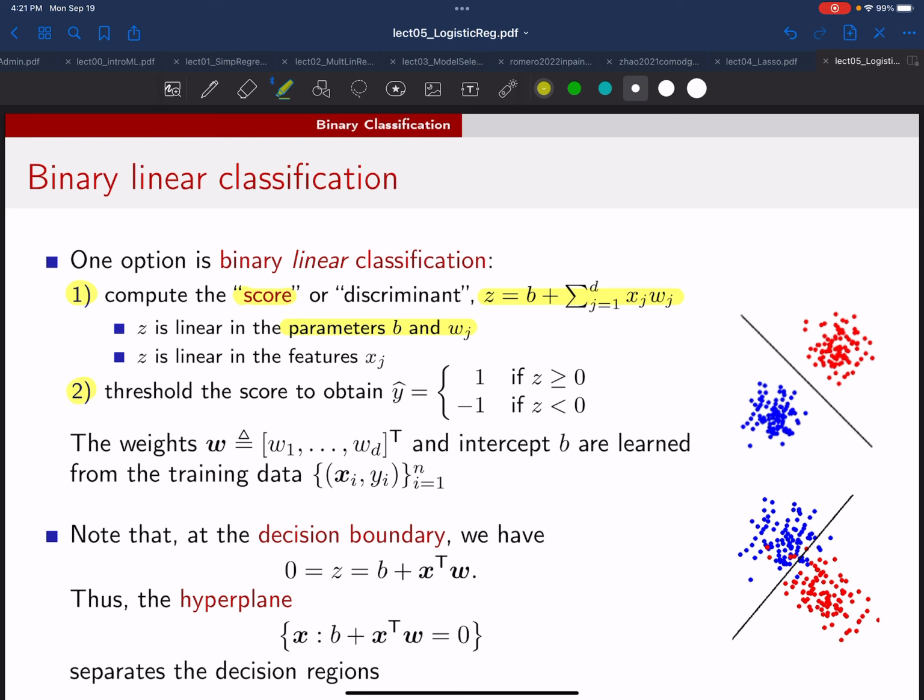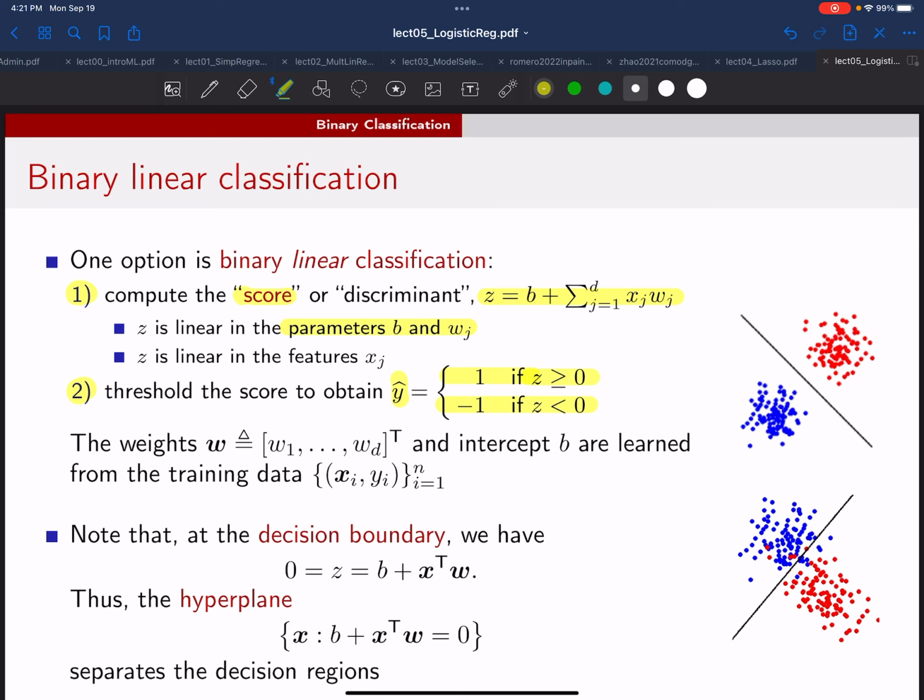If the score is 0 or greater, we assign the output equal to 1. Otherwise, if the score is less than 0, we assign the output as minus 1. So it's a two-step process where you do some sort of linear regression to get this intermediate score, and then you do some thresholding or quantization to get your final discrete output.